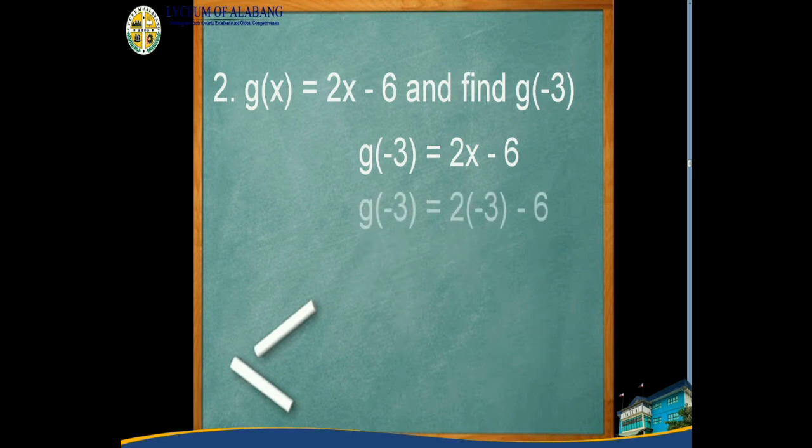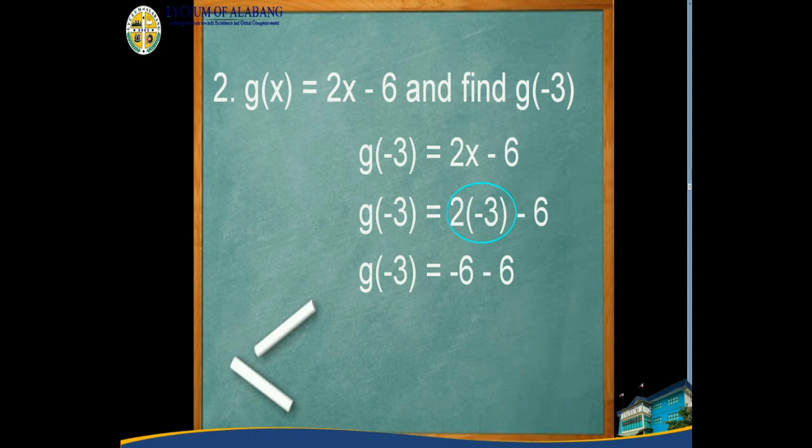So, we have g of negative 3 is equal to 2 times negative 3 minus 6. Then, simplify. So, we have g of negative 3 is equal to negative 6 minus 6. Therefore, g of negative 3 is equal to negative 12.